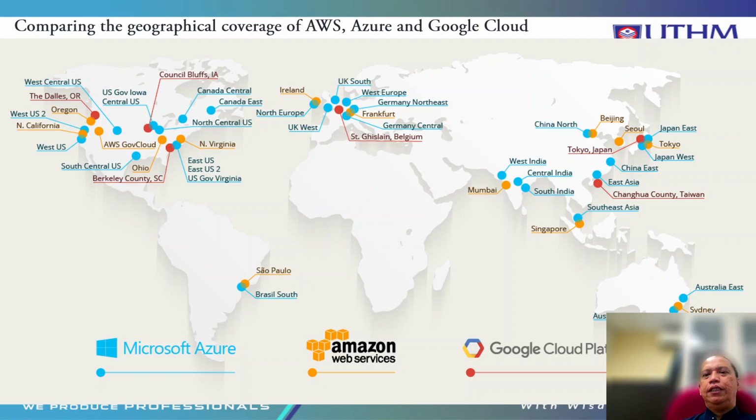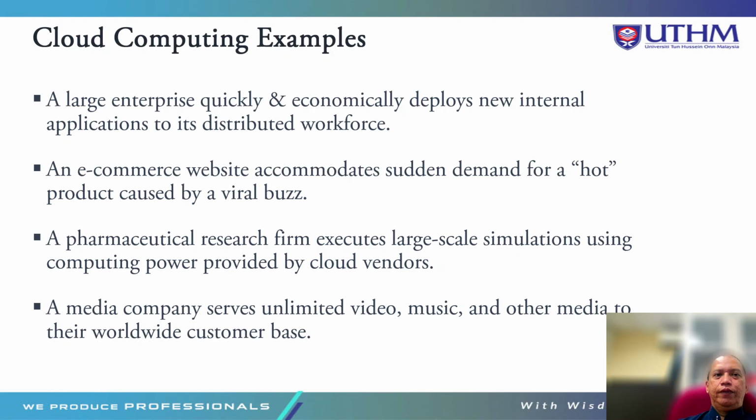If you see, there is no server installed in Africa. Maybe in the future it's going to be available all over the world. North America, Europe, and part of Asia have these cloud service providers.